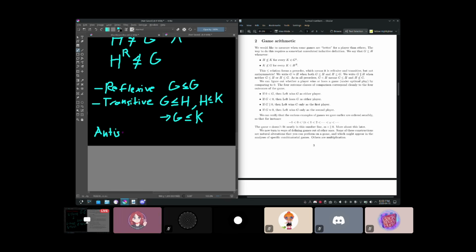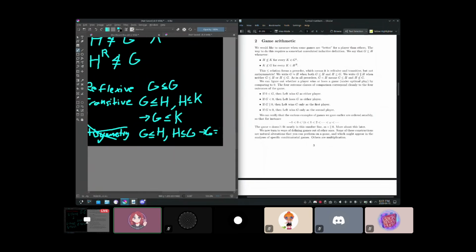Antisymmetry. Kind of a fancy word. Such a shame that we don't in fact have this. What that means is that if G is less or equal to H, and H is less or equal to G, then G is equal to H.